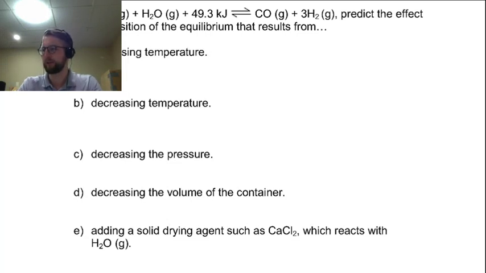All right, let's start with a quick little recap of yesterday by doing this question here, and then we will carry forward into the next part. So for this chemical equation, which is methane plus water in the gas phase, changing into carbon monoxide plus hydrogen gas, we need to predict the effect on the equilibrium position that results from an increase in temperature.